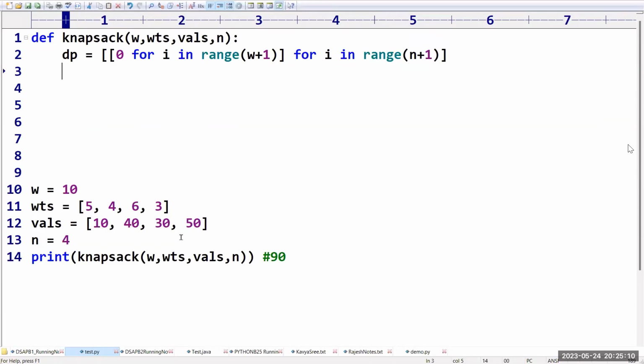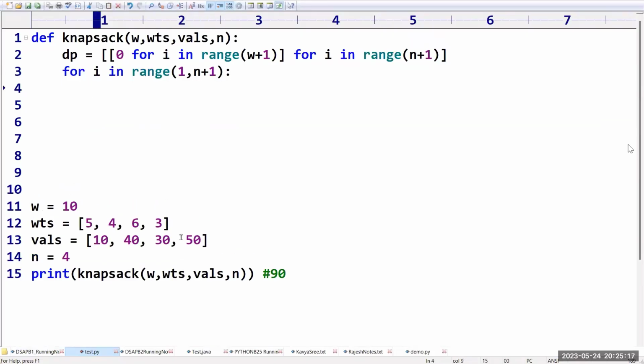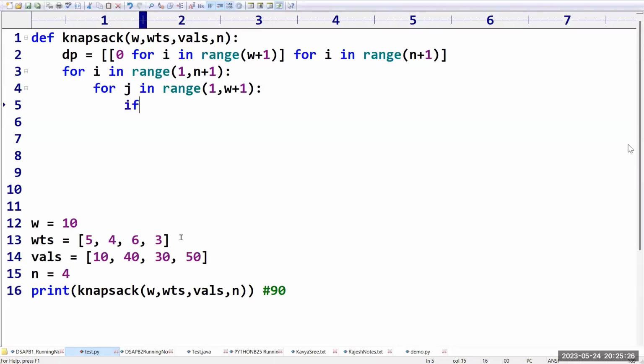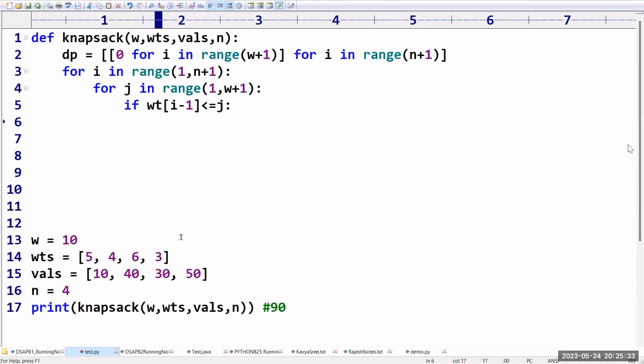So next, what we are going to do is for each i value in the range of 1 to n plus 1, and for each j value in the range of 1 to w plus 1. If weight of i minus 1 is less than or equal to j, then we calculate dp of i j equal to max of dp of i minus 1, j.